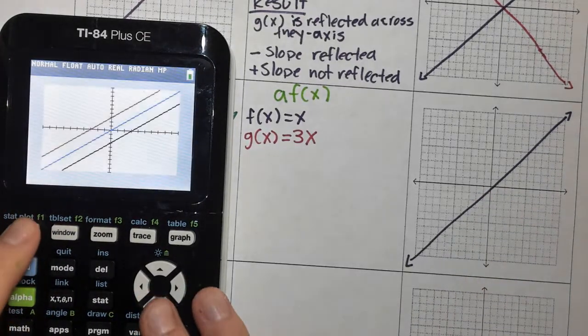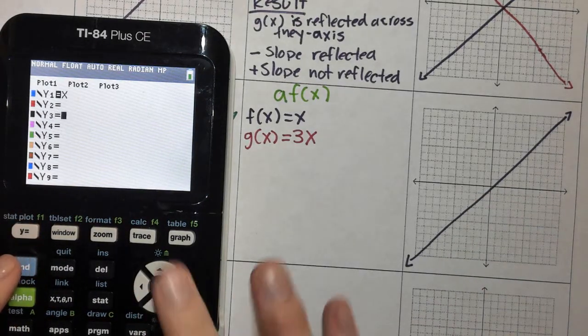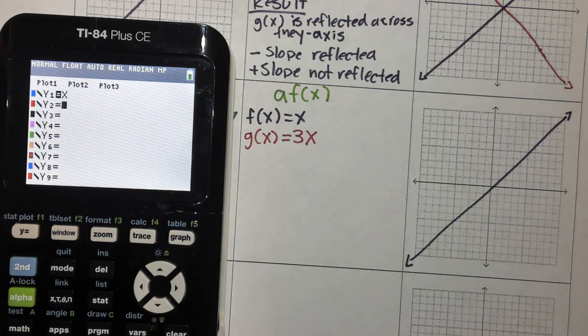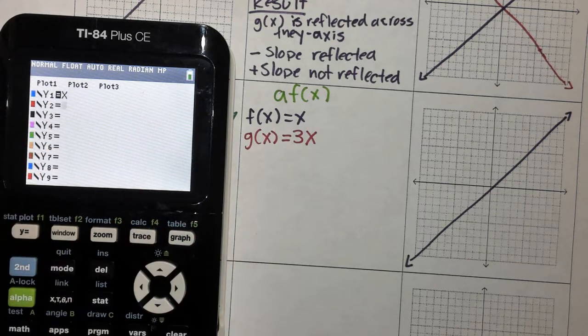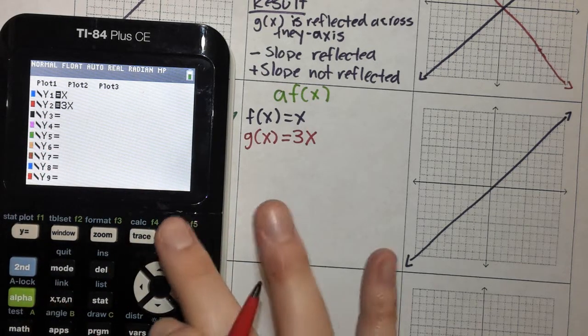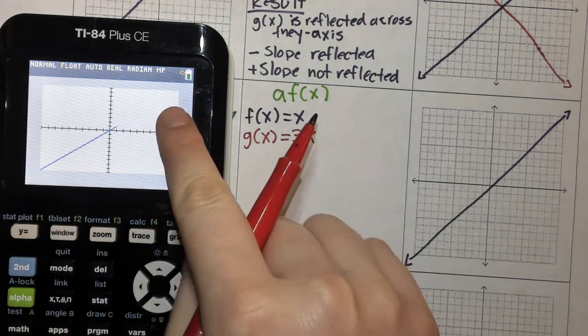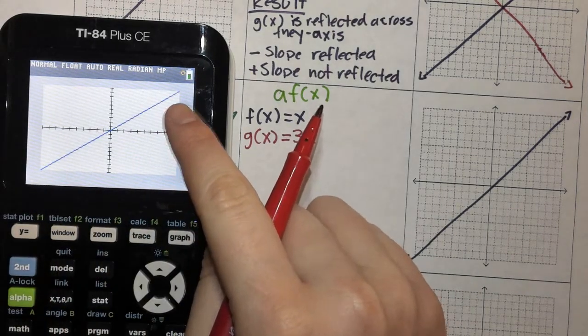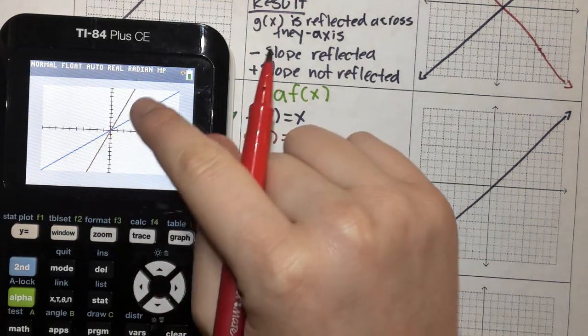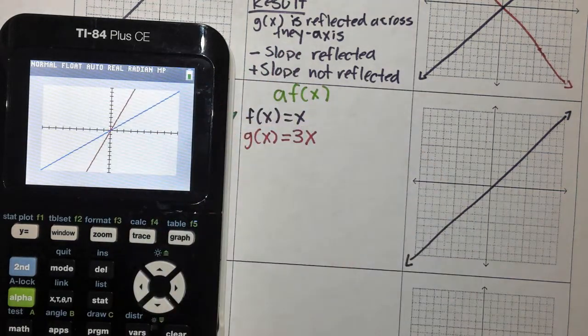So I'm going to look at the graphs of both of these. Remember, I'm always going to compare it to the parent function, so I'm going to leave that in there. 3x. There goes my parent function, and here is my new equation right here.